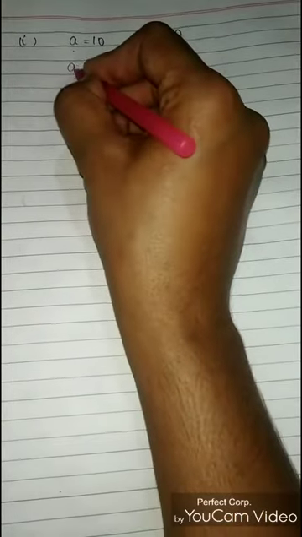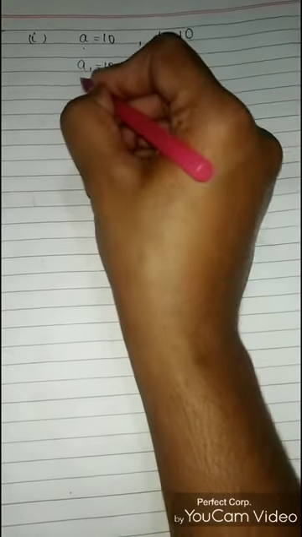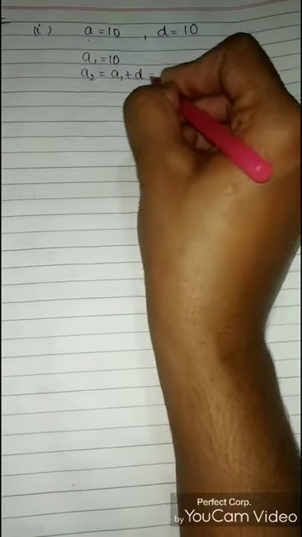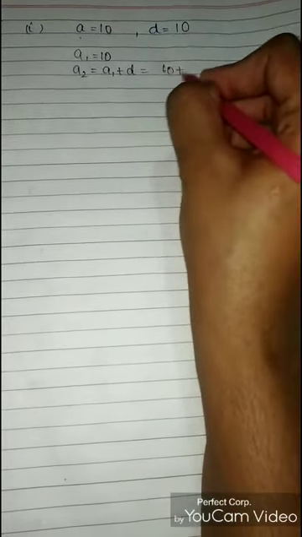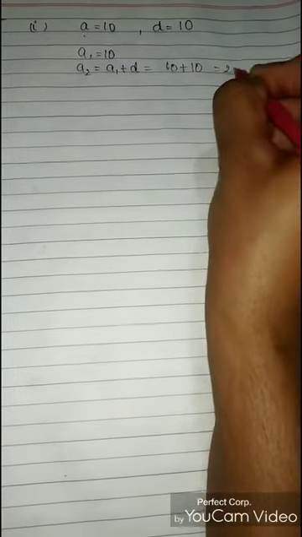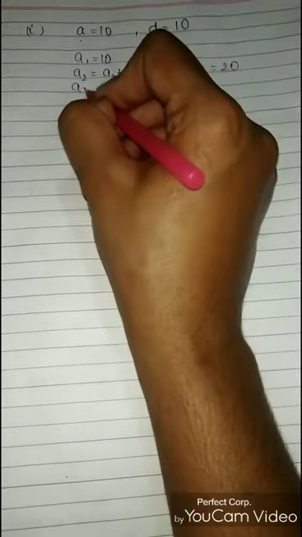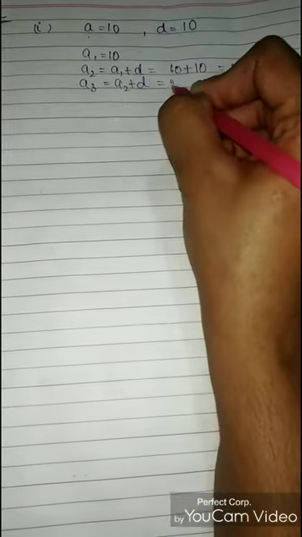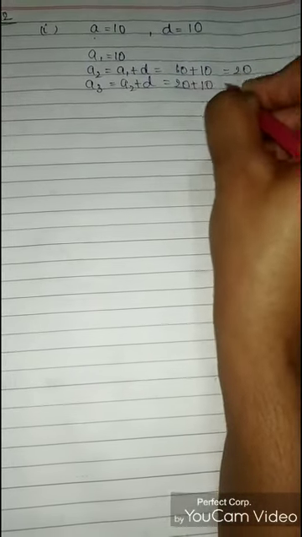So your A1 will be 10. We have to find A2. What is A2? A1 plus D. That means 10 plus 10, this is 20. Then next A3 will be A2 plus D, that means 20 plus 10, that is 30.